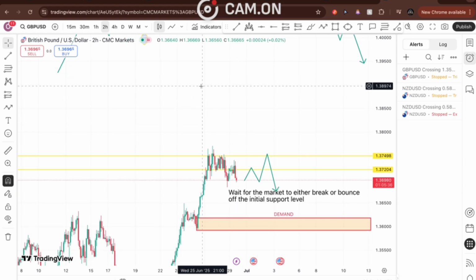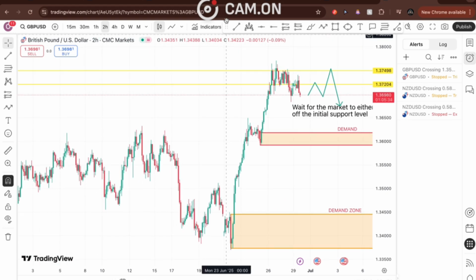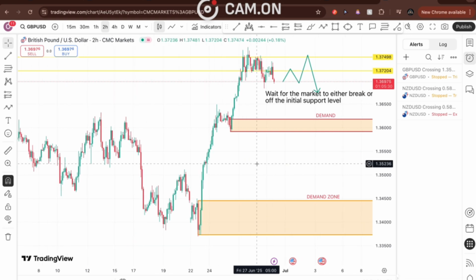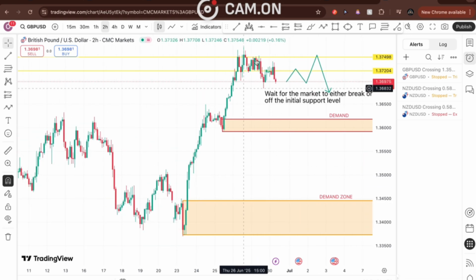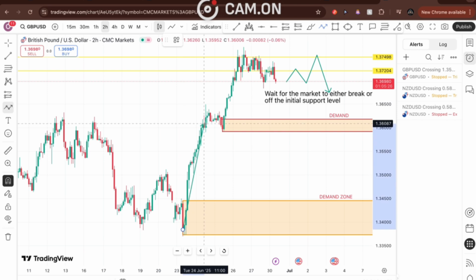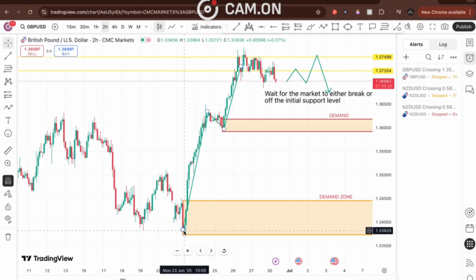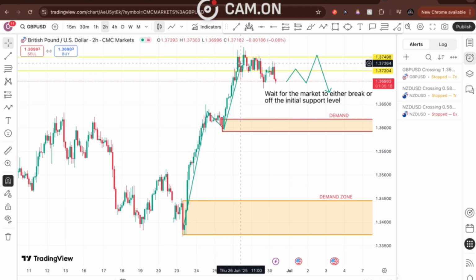Let me show you an example of that in a chart. As you can notice, here, there's a strong bullish trend. As you can notice in this chart here, look, we're forming higher highs and higher lows. So from this point on, we notice we made higher highs and higher lows, right?